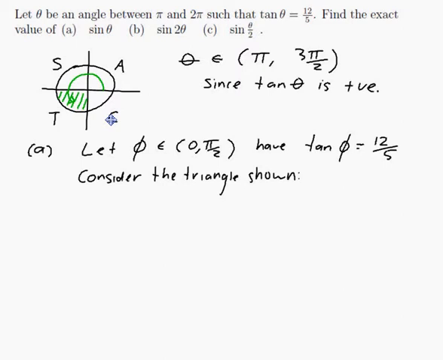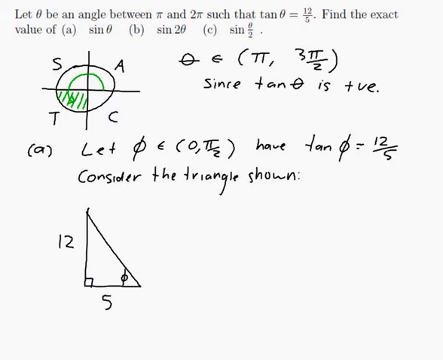If we draw this triangle, it'll be a right-angled triangle like that, and we'll put phi here. And tan phi is 12 on 5, so tan phi is opposite over adjacent, so opposite would be 12 and adjacent would be 5.